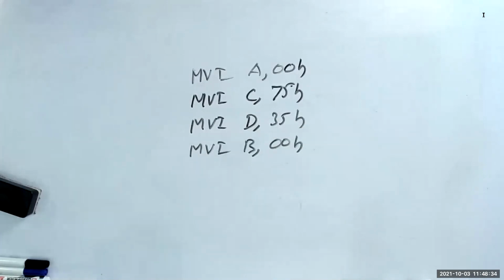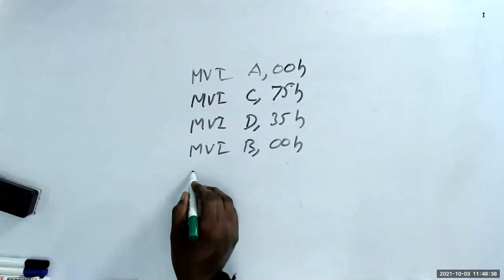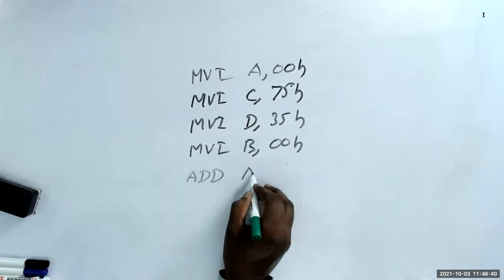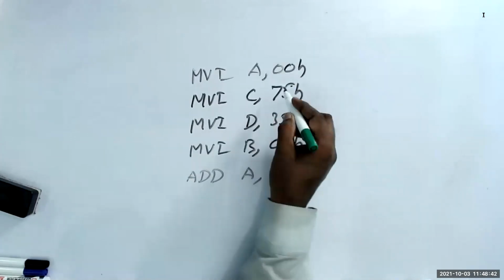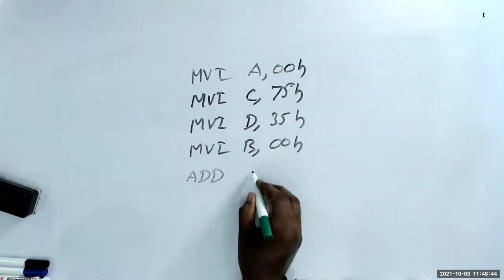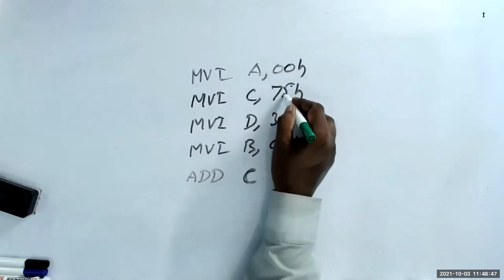Now I do that. Now I'm trying to add now. Add A, comma, C. So 0 plus 75. A becomes 75 now.